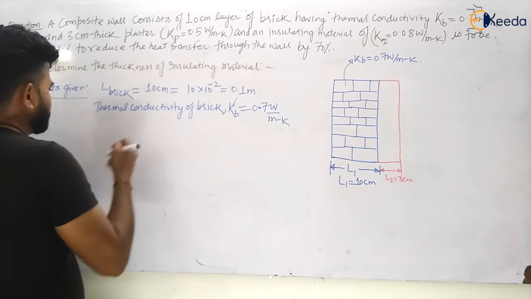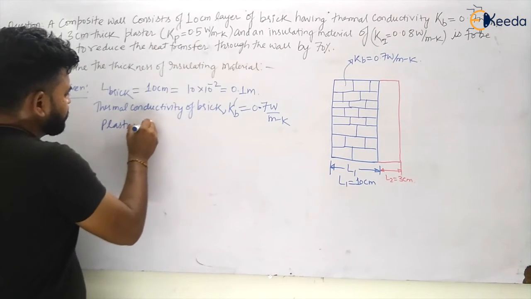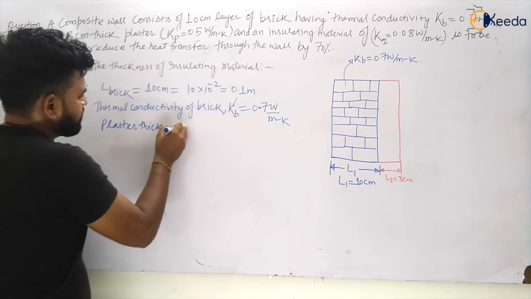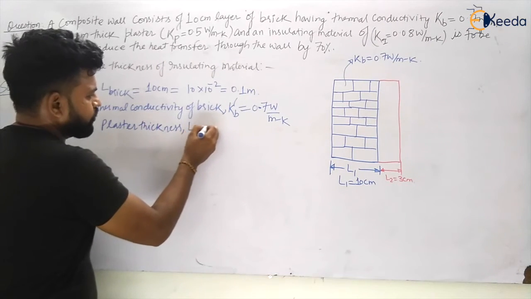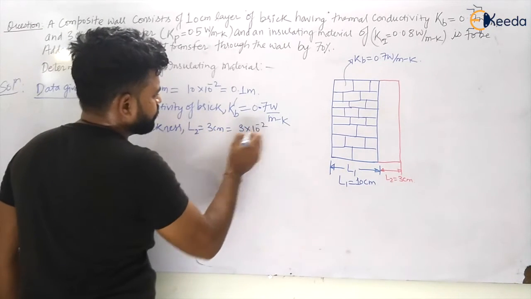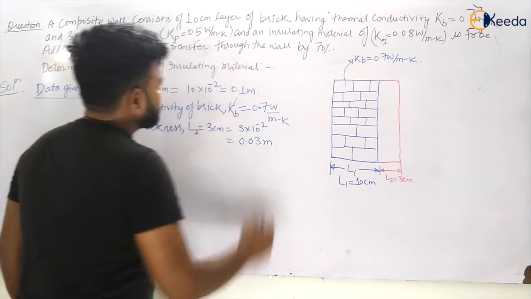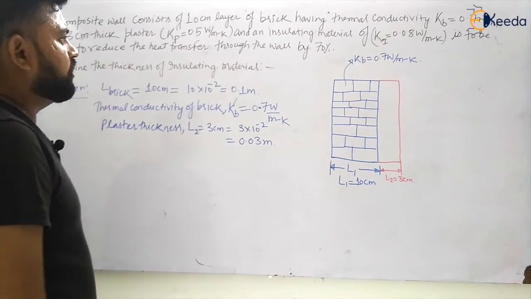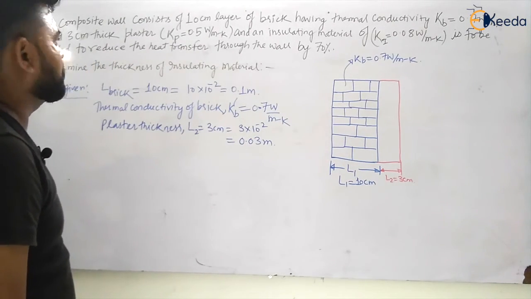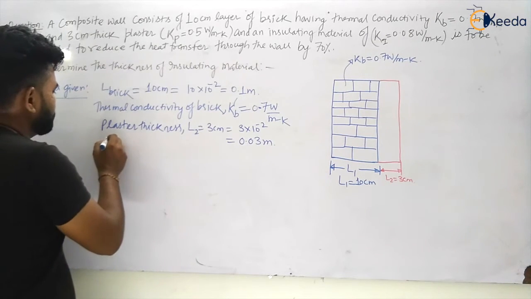So the plaster thickness L2 is equal to 3 centimeter. This will become 3 into 10 power minus 2, which will be equal to how much? 0.03 meter.